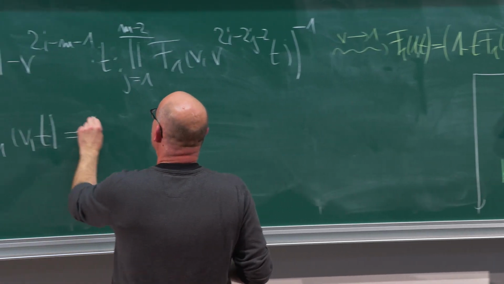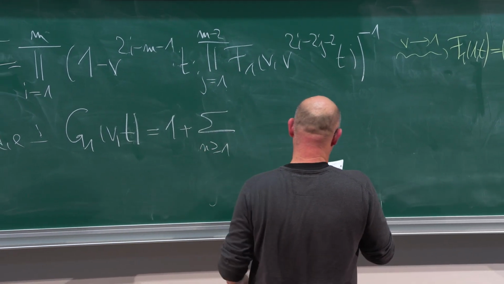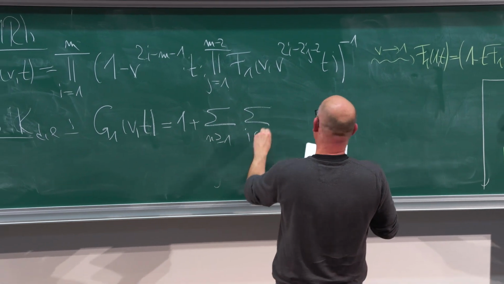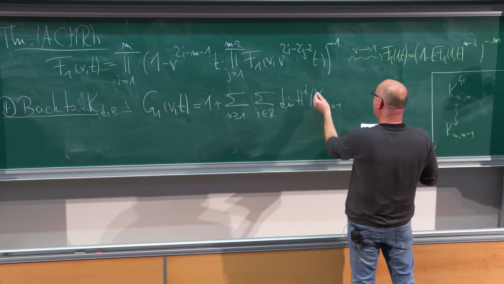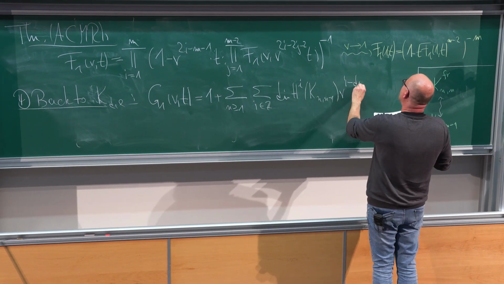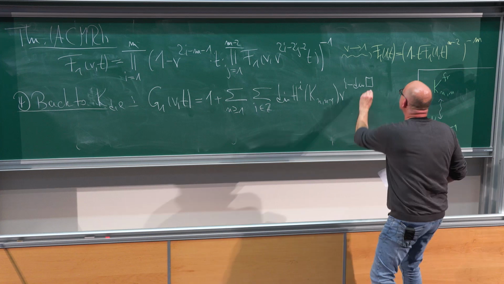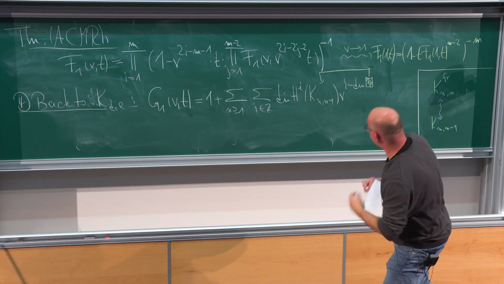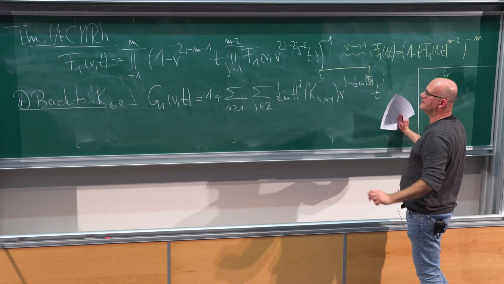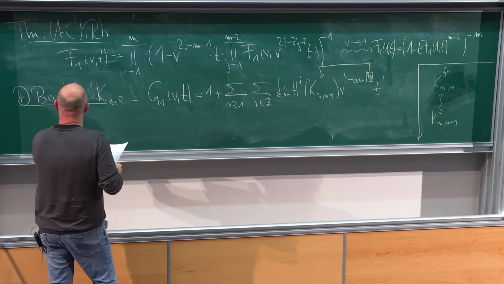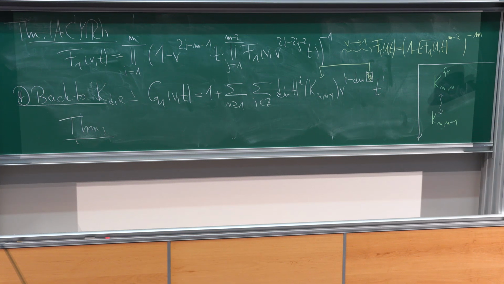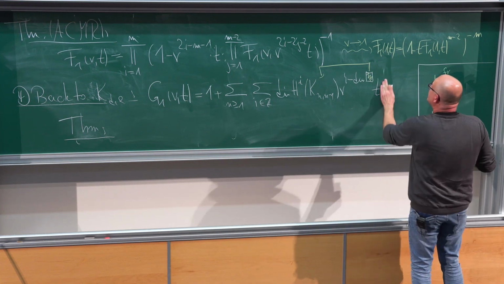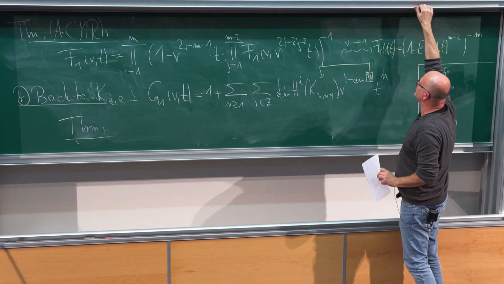So 1 plus the sum over n greater or equal 1, sum over all i, dimensions of the ith cohomology group of K n, n minus 1 unframed, and again v to the i, minus the dimension of that thing, t to the n.